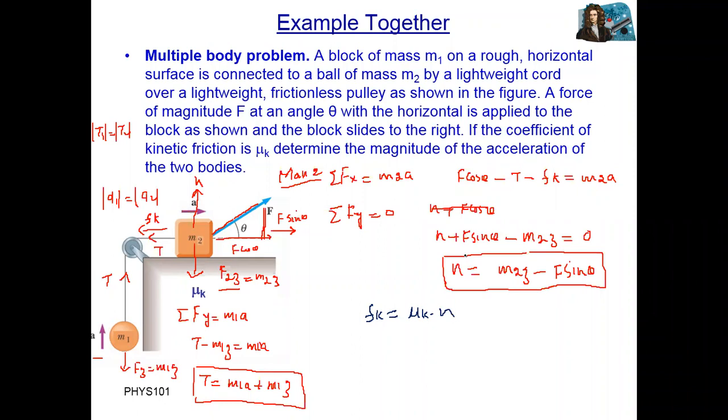We know the value of N. If we replace N with this value, we have Fk equal to mu k times (m2g minus F sine theta). Now we have the kinetic friction value, the normal force and the tension force, so we can find the acceleration.